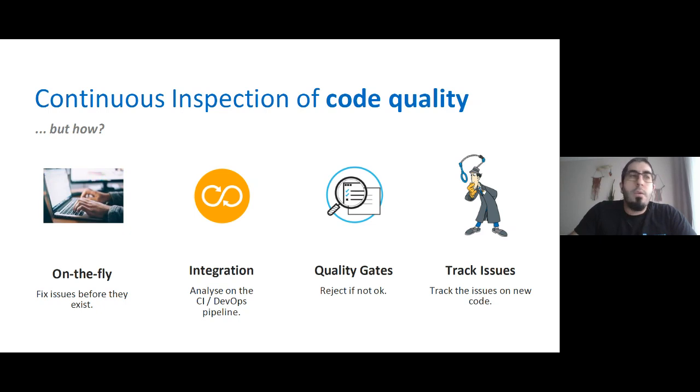If conditions are okay, your code gets in the gate. If one of the conditions is not okay, reject the build and don't get commits in from the gate. Finally, track the issues on the new code. Who committed this issue? Find him and assign the issue on him or her to enable continuous inspection on source code.